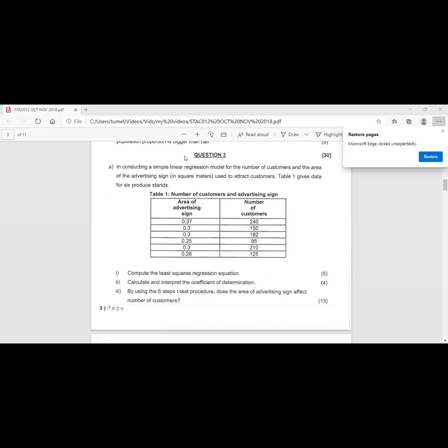So this is the question we were working on. So the approach is the same.